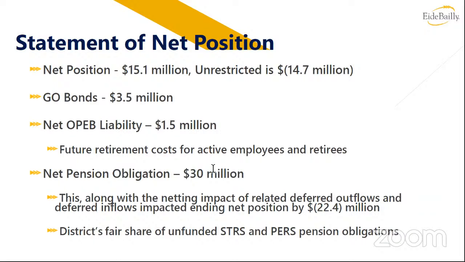And on this, we subtract out the deferred outflows, which is 9.1 million, excuse me, and we add in the deferred inflows, which is 1.5 million. So that impacts your ending net position by 22.4 million. And the district's fair share of unfunded STRS and PERS pension obligations are included in the pension obligation.